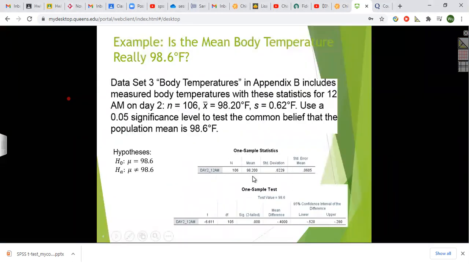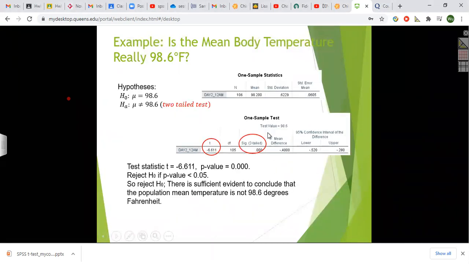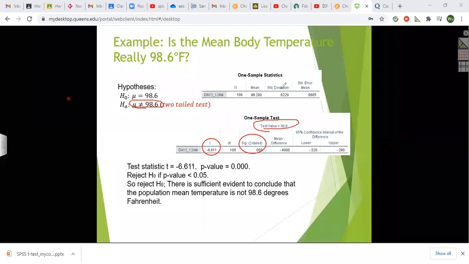All right, so we copy and paste these two, and let's try to get our conclusion over here. So we're going to do the t and the p. And once again, I want to emphasize, make sure your test value is 98.6, as you see in the hypothesis. So we can say test statistic t is negative 6.611, whose p-value is 0.